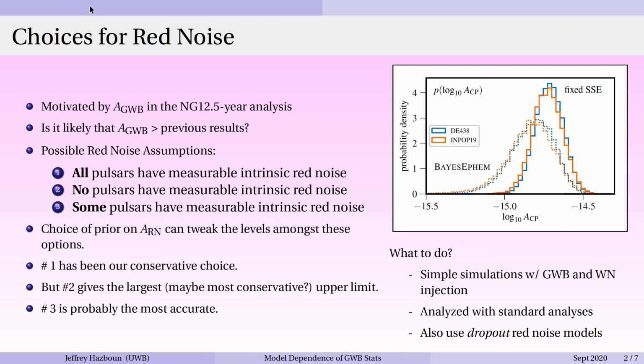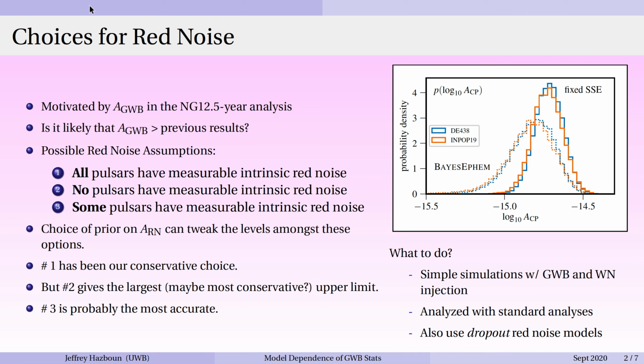And so, in thinking about those two things, we're going to talk about a bunch of simulations that we ran to try and understand how our choices about red noise affect the gravitational wave background searches. So this was motivated by early analyses of the NANOGrav 12.5 year data set, where we were finding a most likely amplitude for the background that was higher than our 95% upper limit from the 11-year analysis.